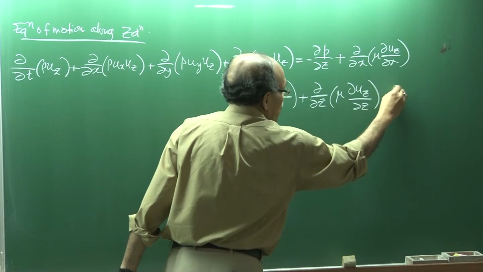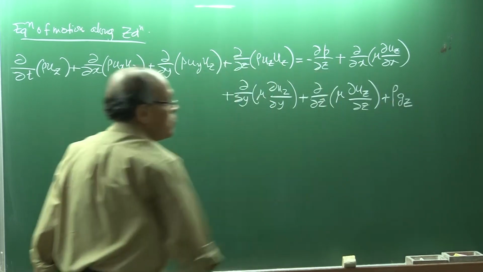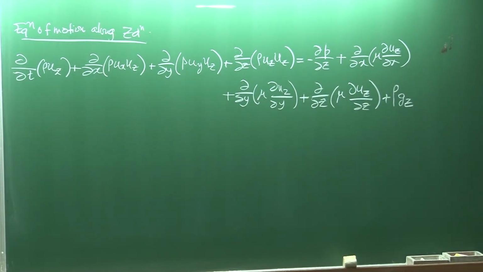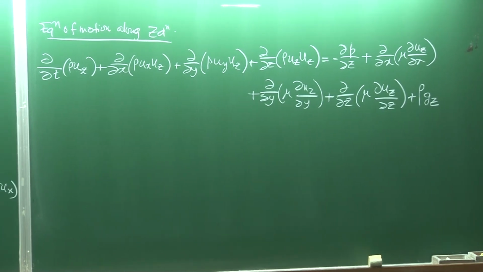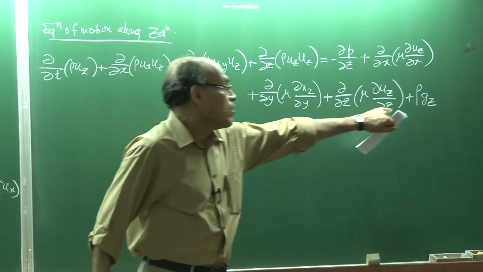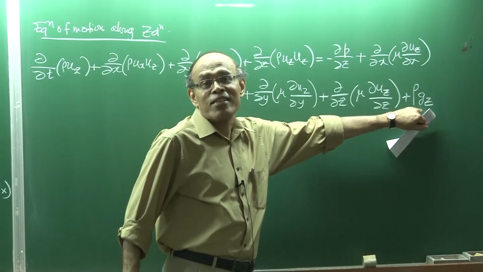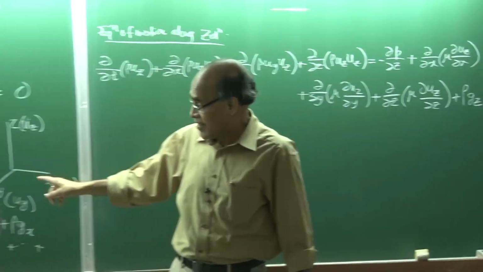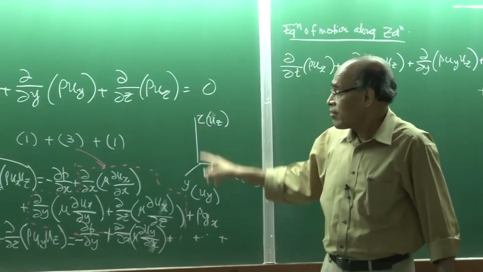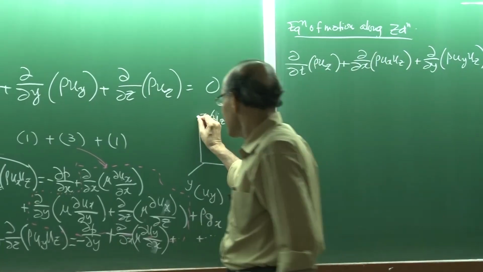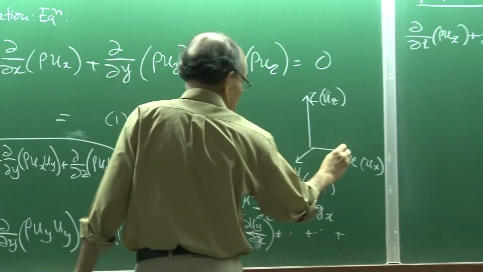And then I have rho. And in terms of the coordinate system chosen, you must note here that the component of gravity along the z direction is going to be minus g, 9.8, because the z axis is directed in this particular fashion.